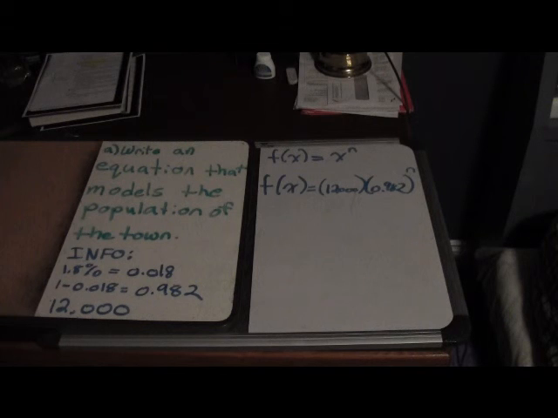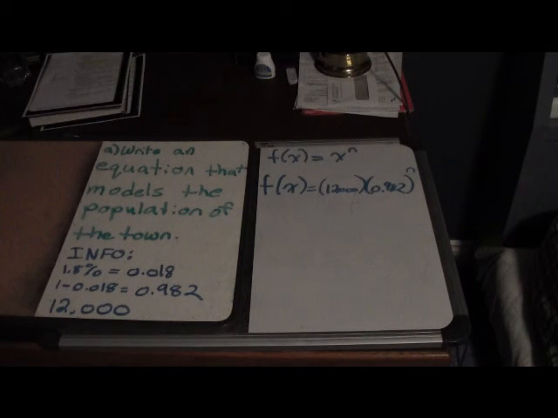The question says write an equation that models the population of a town. From the information that we have, we know that the population is decreasing at a rate of 1.8% annually. So if you have 1.8%, you do 1.8 divided by 100, and it gives you 0.018.